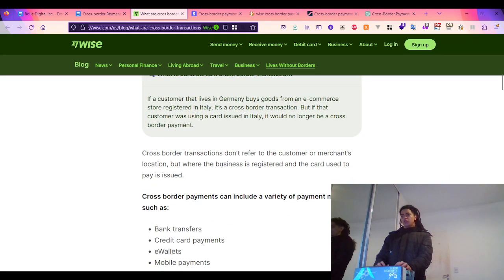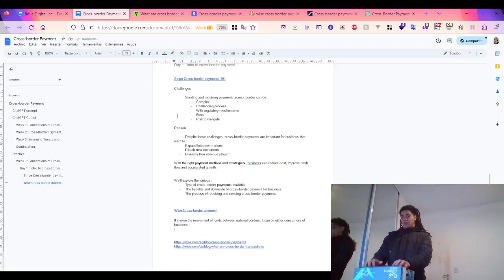So cross-border transactions don't refer to customer or merchants' locations. Very, very important.